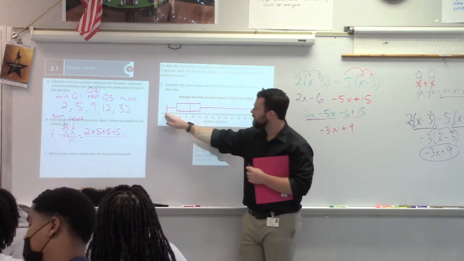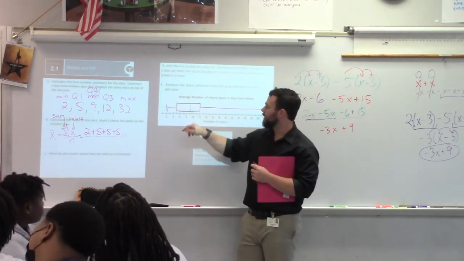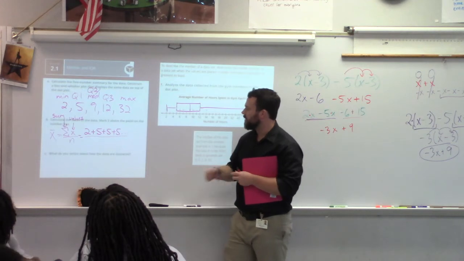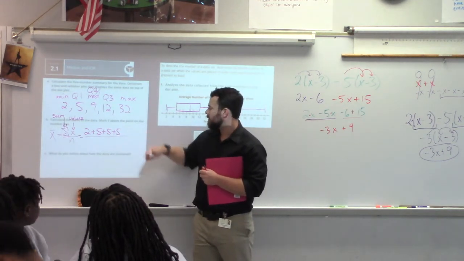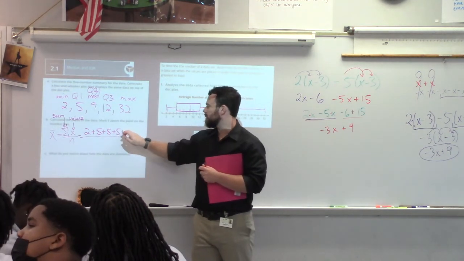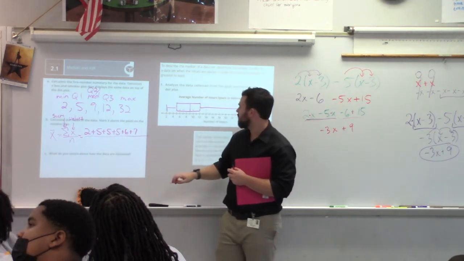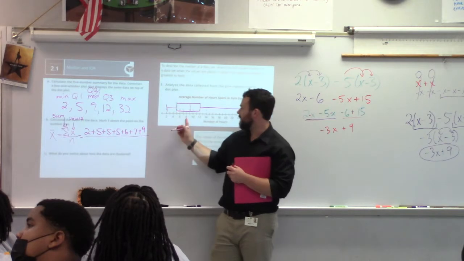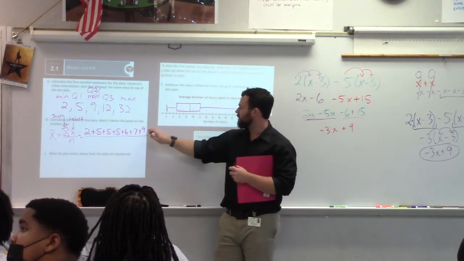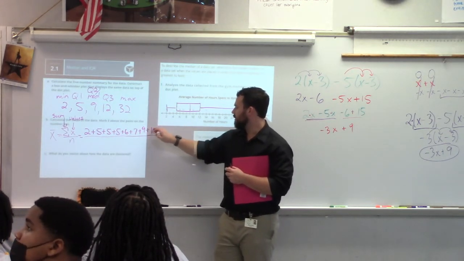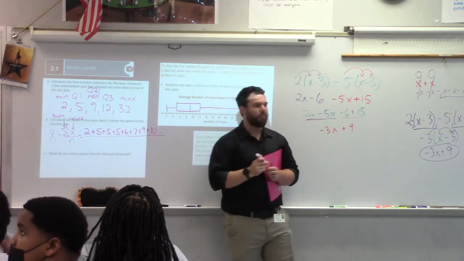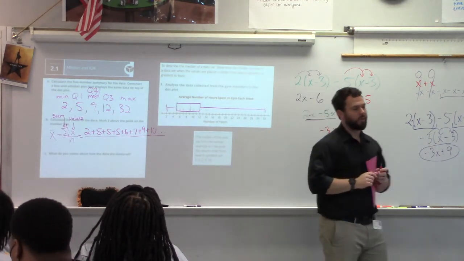It's every single value up here. So what's the next value after 5? 6. 7. And then there's a 7. And what's after 7? 9. We don't have an 8, right? No x there. Then after 9, 10. It's every single value, not just the 5-number summary.